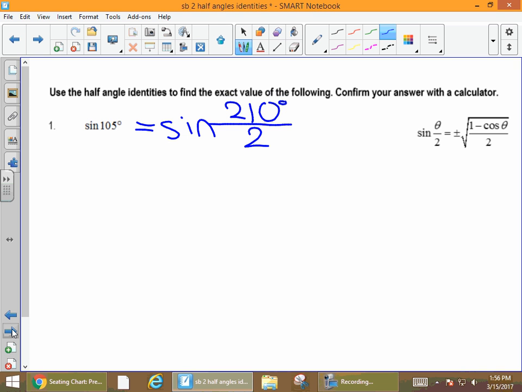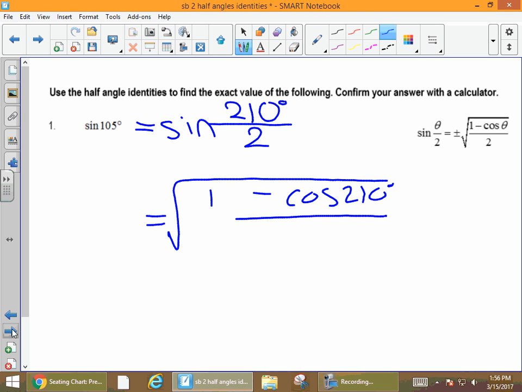And now that we have our question in this form, sine of 210 over 2, we can use our half angle identity to figure out what the sine of 105 equals. So we rewrite it as the square root of 1 minus the cosine of 210, over 2.